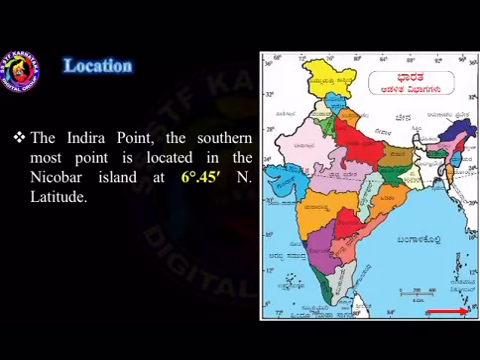Indira Point, the southernmost point, is located in the Nicobar Island at 6 degree 45 minutes north latitude. Now you can see, students, an arrow highlighting this particular point. Students, you need to remember that this question is often asked for 2 marks.